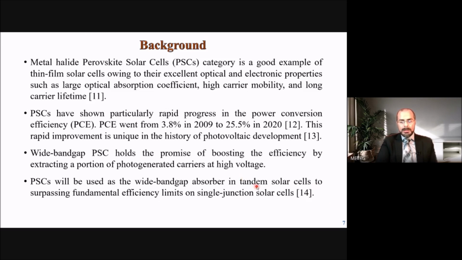By the way, this technology has been used, and some of these types are giving efficiency up to 46%, way much better than silicon. So now we have some solar cells with 46%, which is way higher than single junction silicon solar cells.